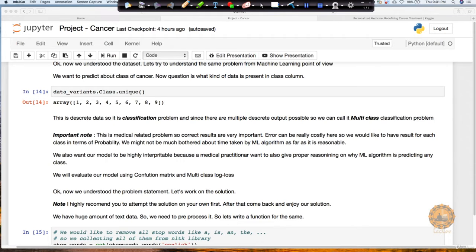Imagine a patient coming to a doctor, and the doctor tells him, by looking at maybe his gene and the variant, basically the mutation, that most likely you have this cancer, you are in this cancer stage or whatever. And if his answer is wrong, imagine what's going to be the impact on that patient.